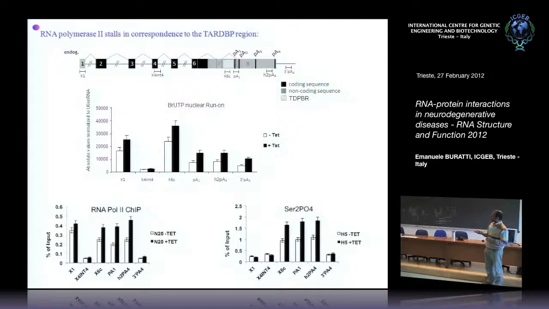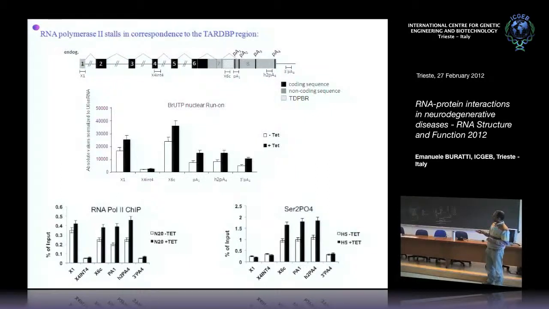Then as the RNA-POL2 starts to run along and starts transcribing, it gets diluted, and so you get to a situation where, for example, in one of the middle exons of TDP43, you have a dilution of the newly synthesized mRNA.